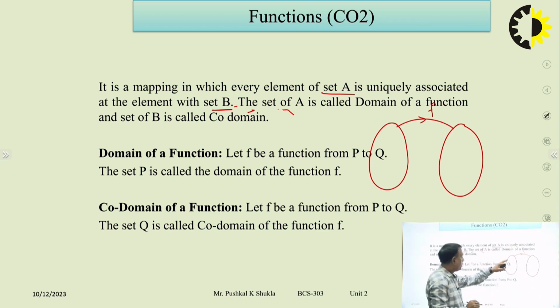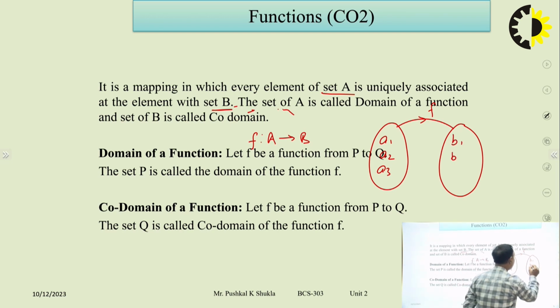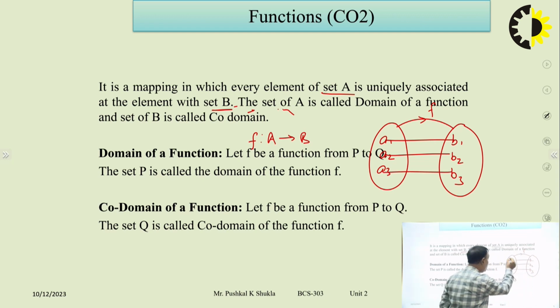Then a function is defined from A to B and written as f: A → B, if all the elements of A are related to the elements of B. And the second condition is that all the elements of A have one and only one image, a unique image, in set B.